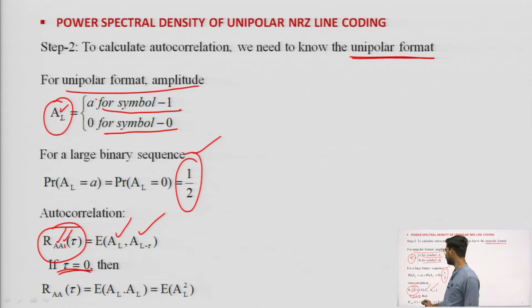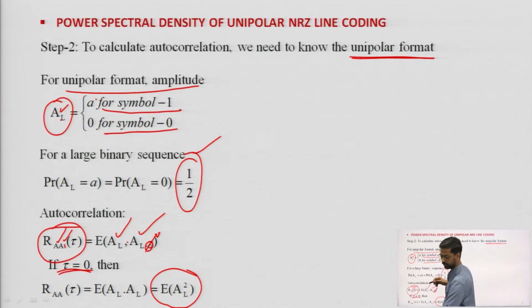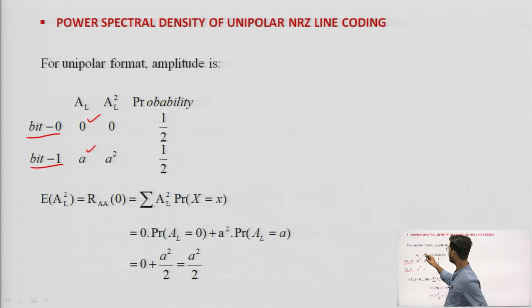So R_AA for tau equal to 0 is the expectation of A_L multiplied by A_L, that is the expectation of A_L square. For the unipolar format, for bit 0 we know A_L equals 0, and for bit 1 we know A_L equals A. Similarly, we want to know the value of the expectation of A_L square. So A_L square is 0 for bit 0, and for bit 1 it would be A square.